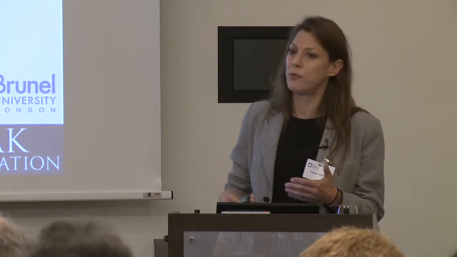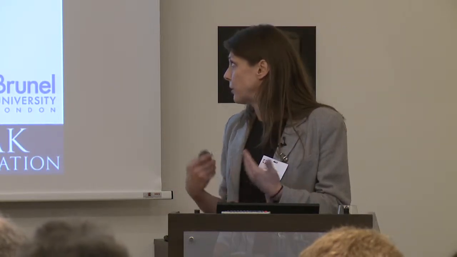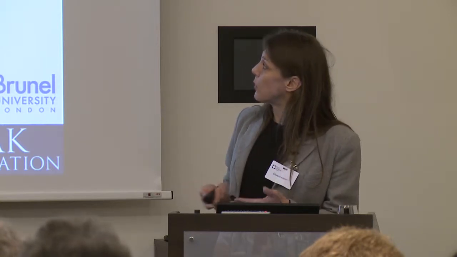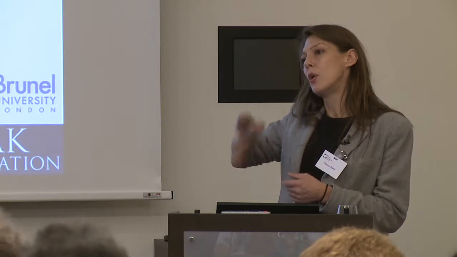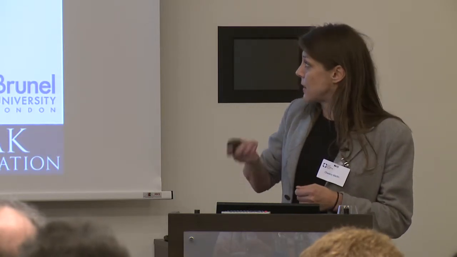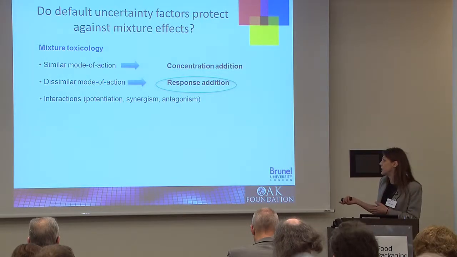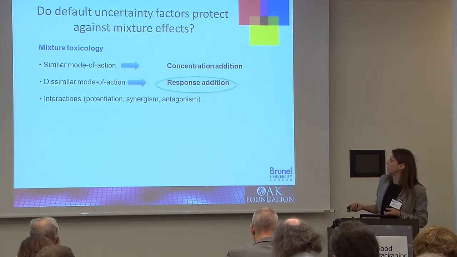But if you have different modes of action, then you can use a different model called response addition, where you add up along the y-axis, the response. And then you can have interactions, which you can't really predict mathematically.